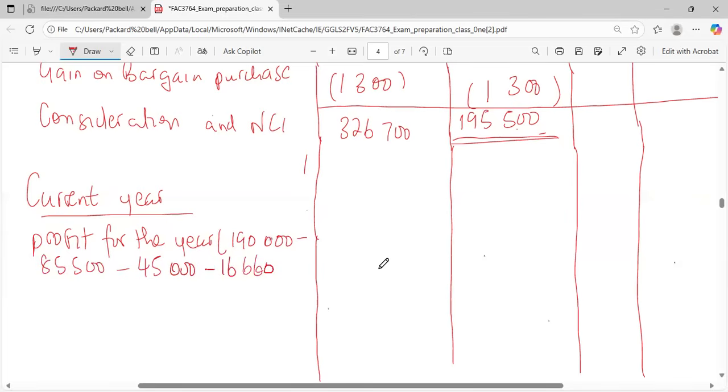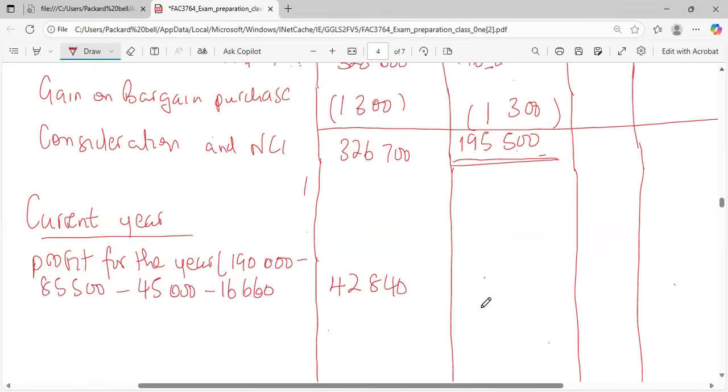So how much are we going to have as our profit for the year? 142,840. 142,840. Then we go to this column.